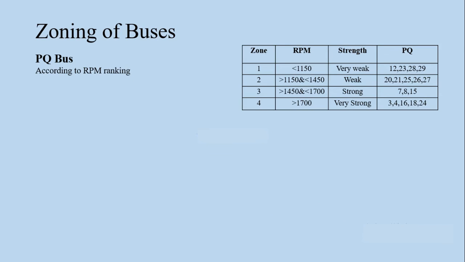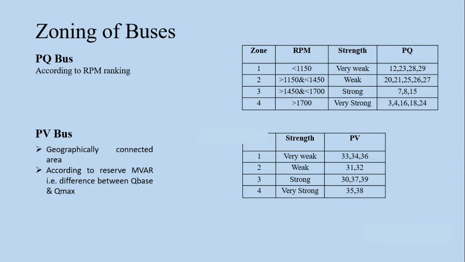Next we have to develop a zoning scheme. Firstly, PQ buses are zoned according to reactive power margin ranking. Various reactive power margin thresholds are set to create 4 zones: very weak, weak, strong and very strong. Here is the scheme of the PQ buses. Then PV buses are zoned according to geographically connected area and the difference between the base MVAR and maximum MVAR. The higher the reserve MVAR, the stronger the generator bus is.